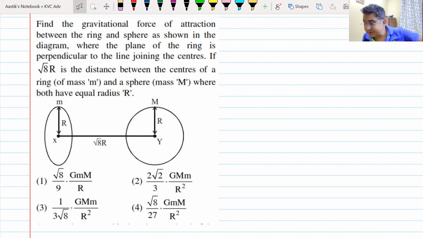D, sir. Fourth option. So if you just concentrate enough, you should be able to solve any question that comes in this category.